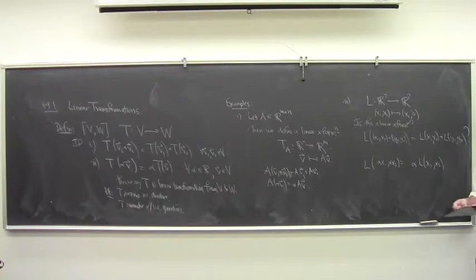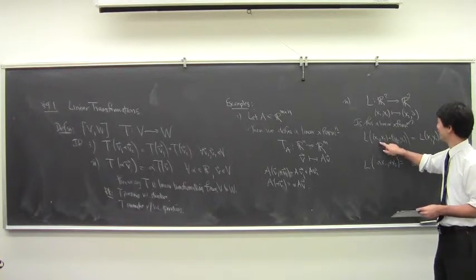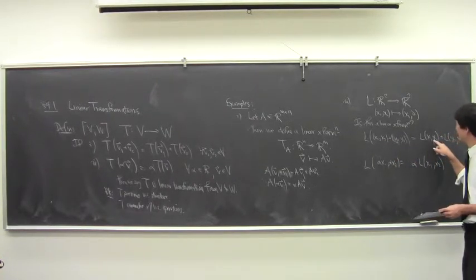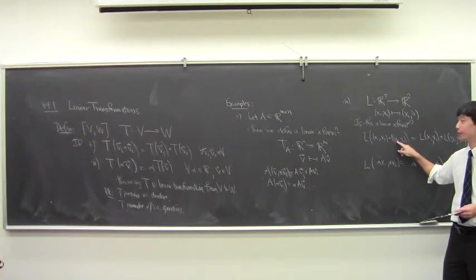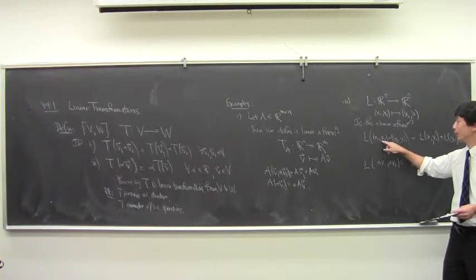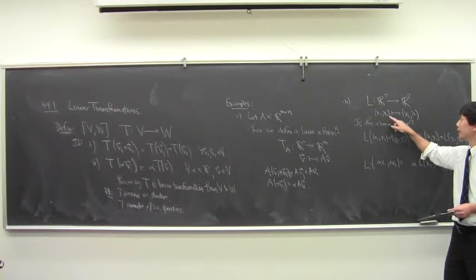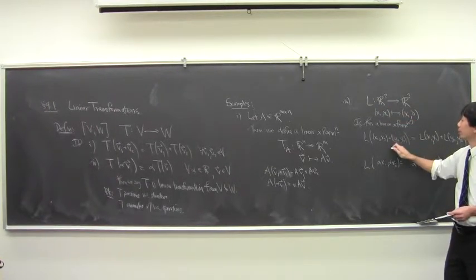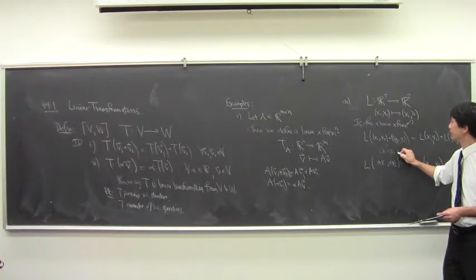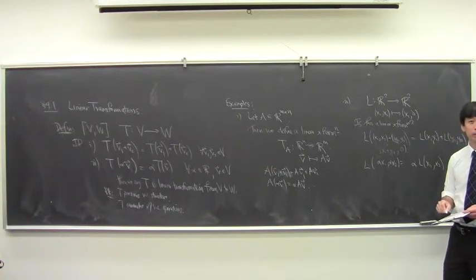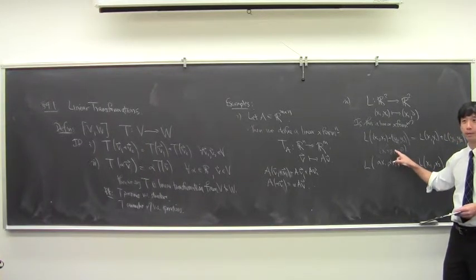Yes, thank you. Finally, somebody nodded. L of (x1, x2) plus (y1, y2) is going to be L of (x1 plus y1, x2 plus y2), and this says that you're going to get x1 plus y1 comma 0. Is everyone okay with that?